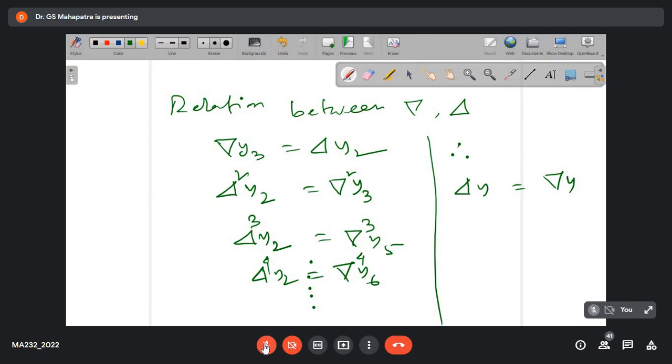Now I will write the general form: del i y equals nabla i y. What will be the coefficient of y?